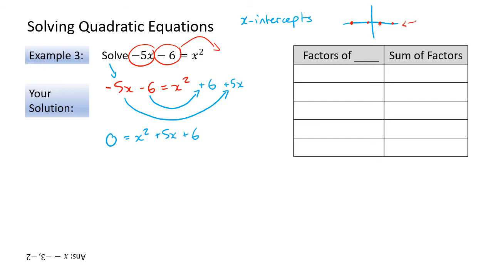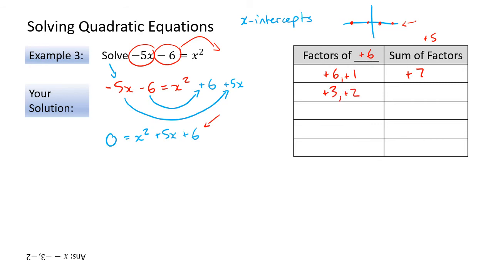So now we have a quadratic expression, and we can see whether or not we can factor it. So the factors have to multiply to positive 6, and they have to add up to positive 5. Okay? So first item I'm going to try, positive 6 and positive 1. Adding these up gives you positive 7. So our next factor to try, number's too high, positive 3 and positive 2.